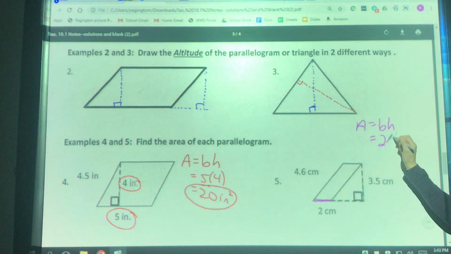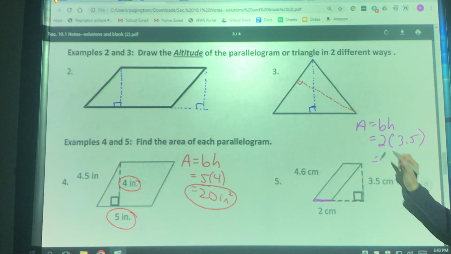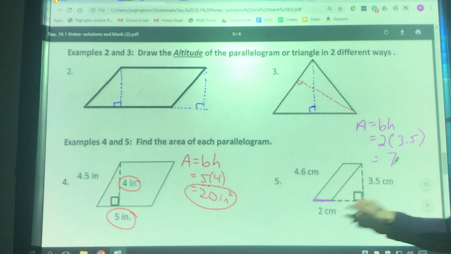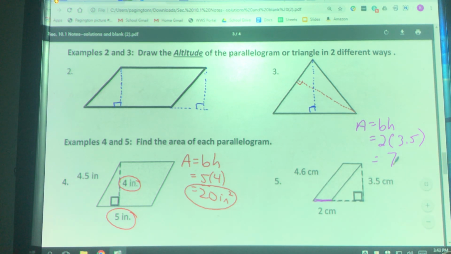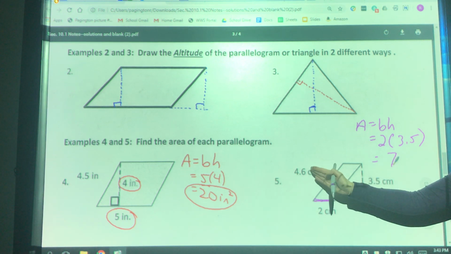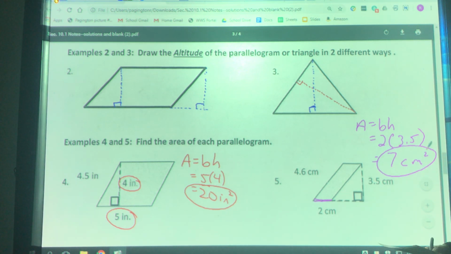So I've got 2 times 3.5. They didn't give me any extra numbers this time, so I didn't have to deal with that. And 2 times 3.5 gives me 7. It again includes your units. Oh, they did give me an extra number over here. But again, I'm looking for the base and the height that actually form a right angle with each other, so that's why I didn't need this number. And so in this case, I get 7 centimeters squared for the area of that parallelogram.